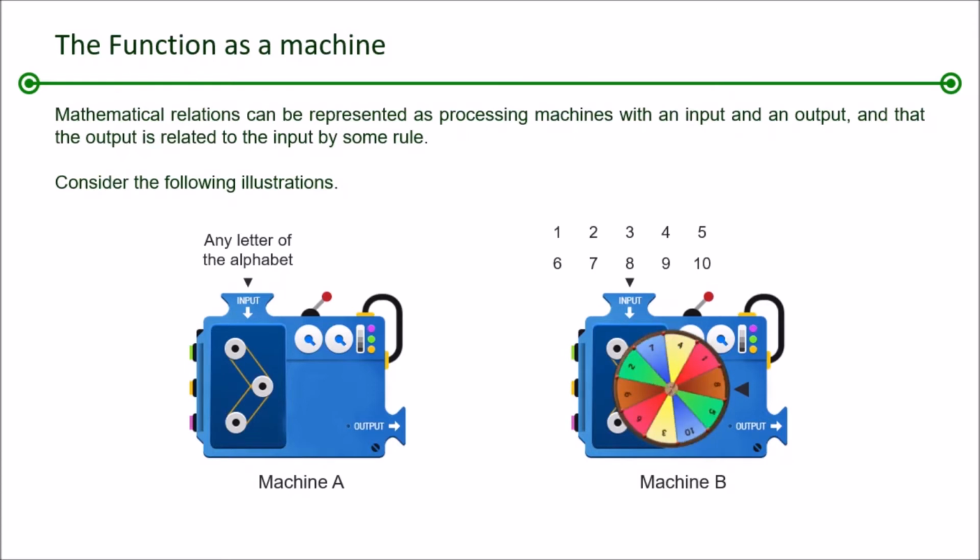When the number 6 is selected, machine B produces the output 36. Let's try one more. When the number 4 is selected, machine B produces the output 16. From these results, we can fairly say that the rule machine B employs is that whenever a number is selected, it squares that number. Let's have some further examples.